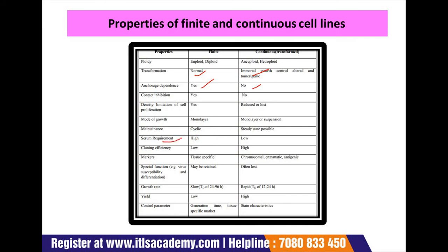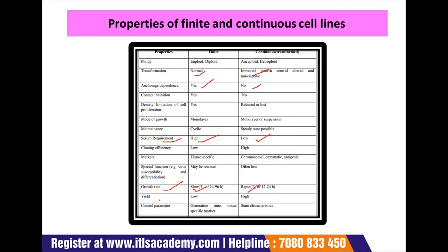Serum requirement in finite cells is very high, but in continuous cells the serum requirement is very low. If we discuss the growth rate, finite cells are slow, almost 24 to 96 hours, but in continuous cells the growth rate is very high, almost 12 to 24 hours.